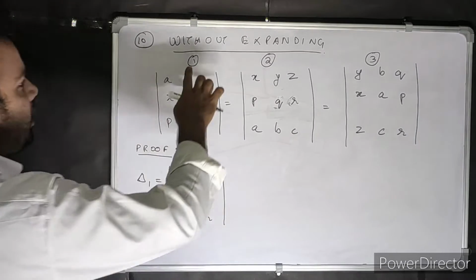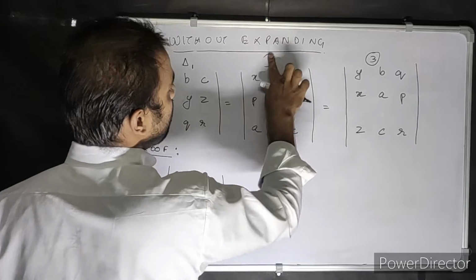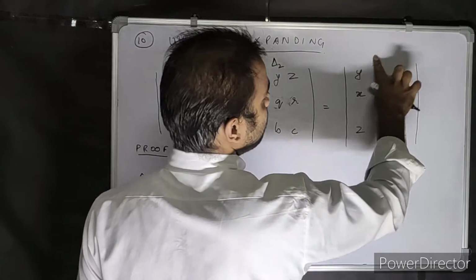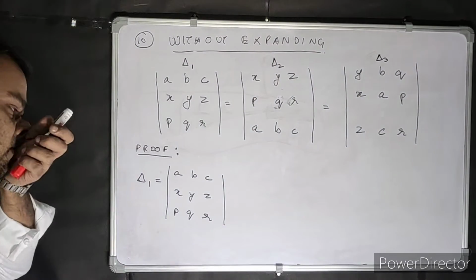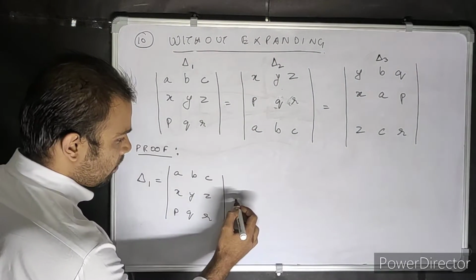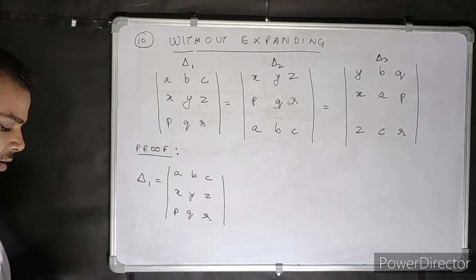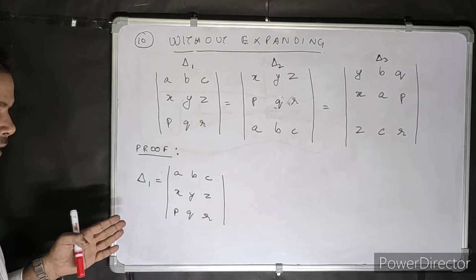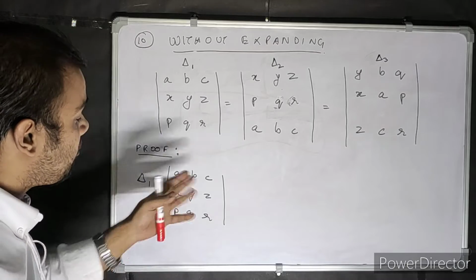Let's name these like this: this is determinant number 1, this is the second determinant, and this is delta 3, determinant number 3. So let's start doing it. By property, when you change one row or column, the determinant changes by a negative sign.